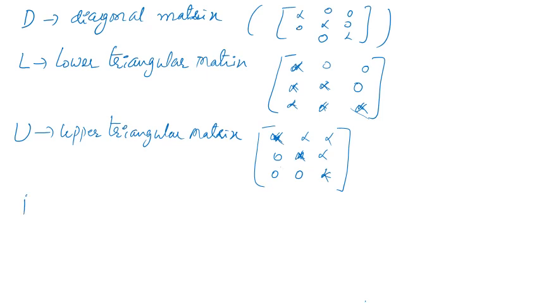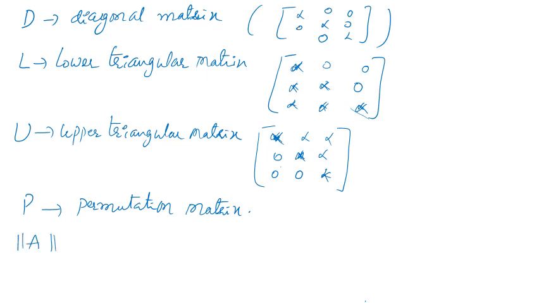And next is P stands for permutation matrix. I will give the definition later on. Next one, these are the notations, and you write this.